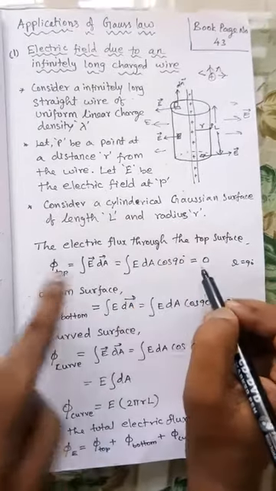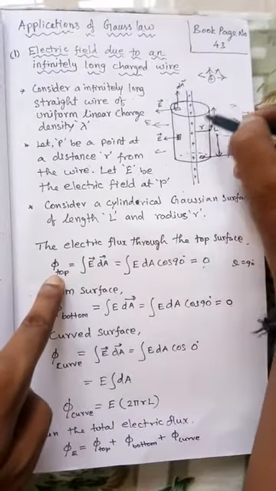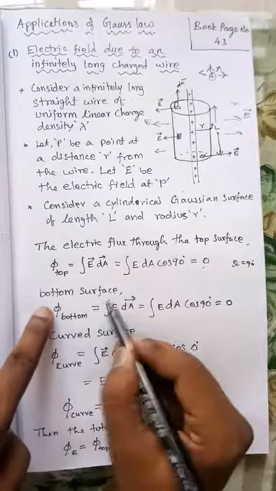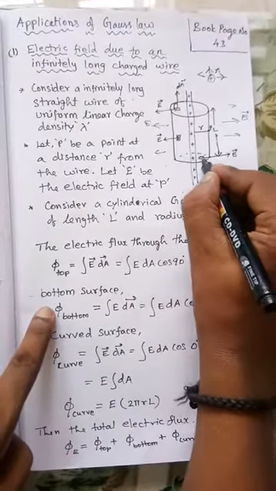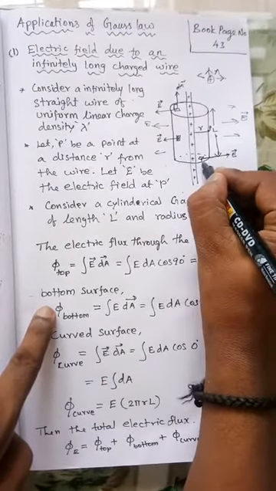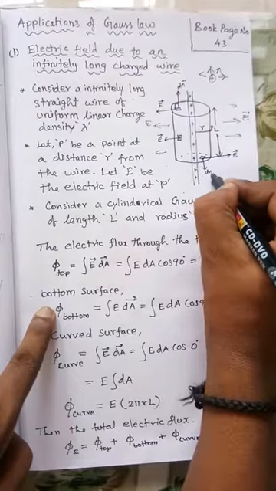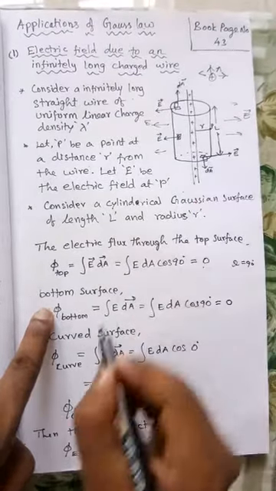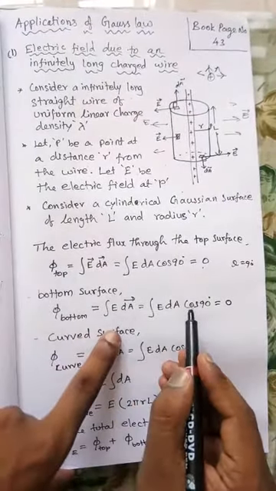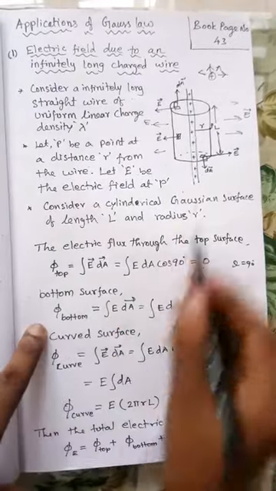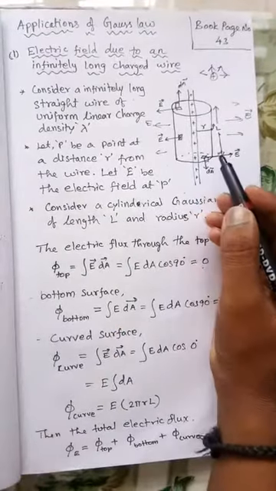Cos 90 is 0, so the flux through the top is 0. Now the bottom surface: the electric field moves in this direction, but the area direction dA is again at 90 degrees, so E dA cos 90 is also 0. The flux through the bottom is also 0.